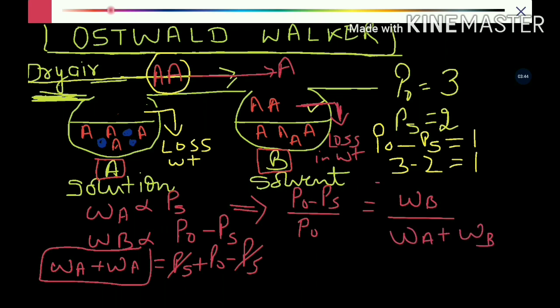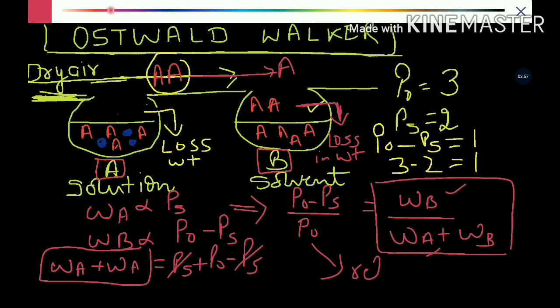So experimentally we can simply calculate the loss in weight of both the bulbs A and B to find out the relative lowering of vapor pressure. So P naught minus PS over P naught is known as the relative lowering of vapor pressure.